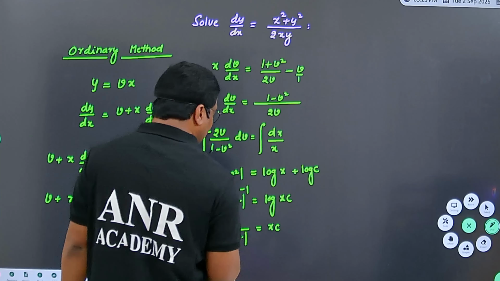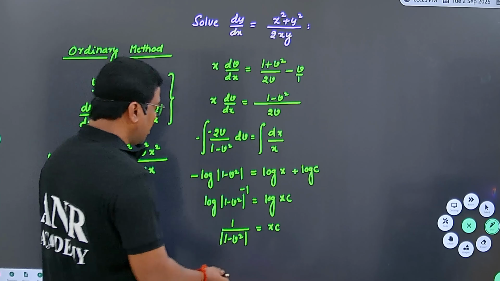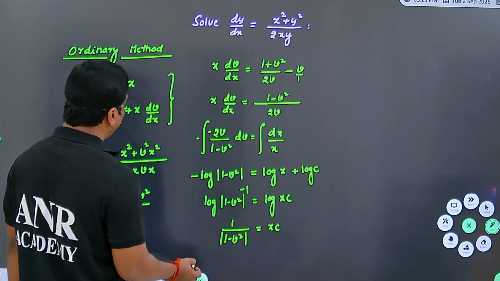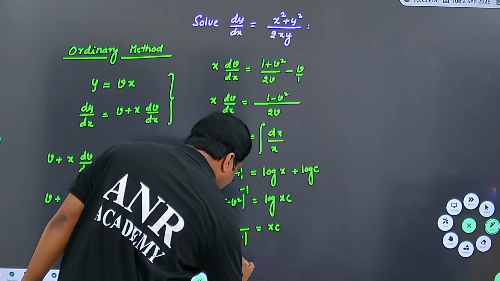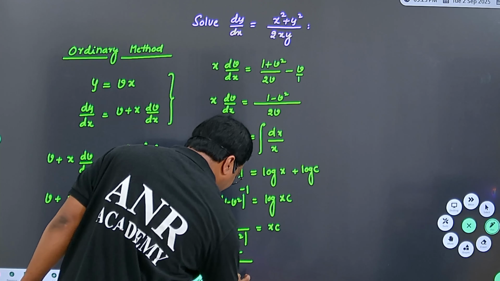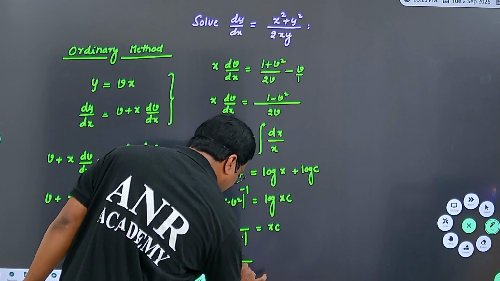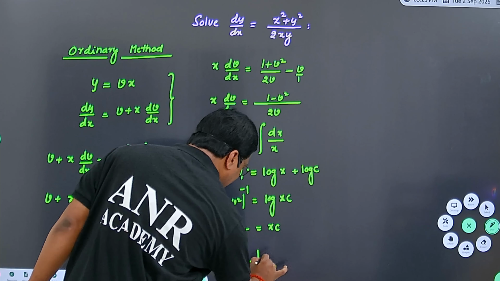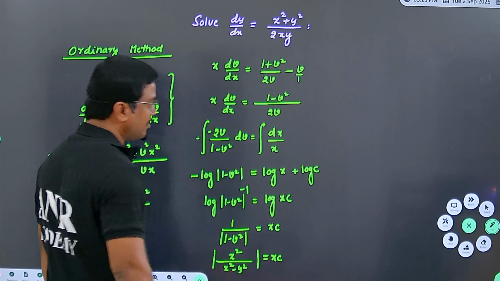Finally, you have to replace the value of v with y by x. Substituting y by x here, we finally get x square divided by x square minus y square, which is equal to x into c.